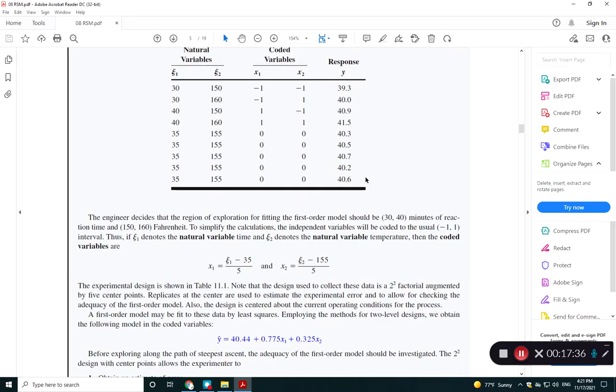Okay? What's the benefit of having more center points? You have more consistency to know for sure. But then you waste 2 more data points, okay?